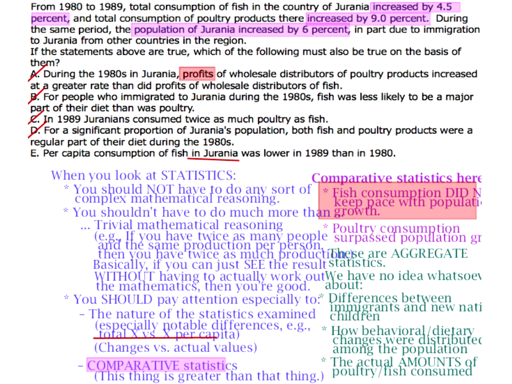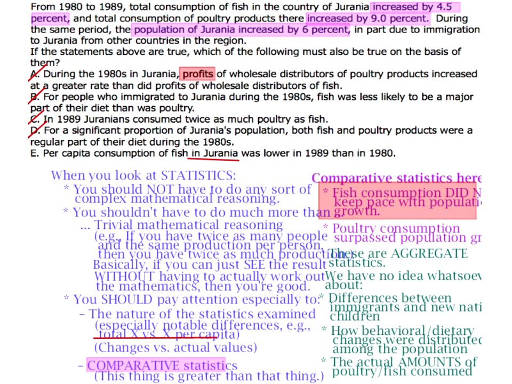As far as E goes, E is an aggregate statistic. It's in the entire country of Germania, which is what we need. If you think about it, the fish consumption didn't keep pace with population growth. Per capita consumption is found by dividing fish consumption by population.